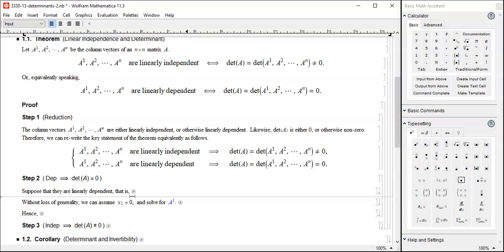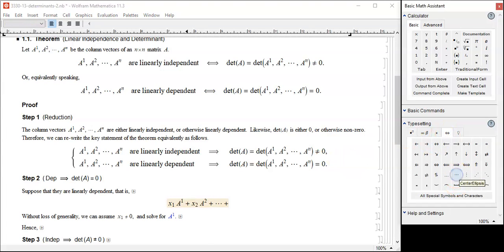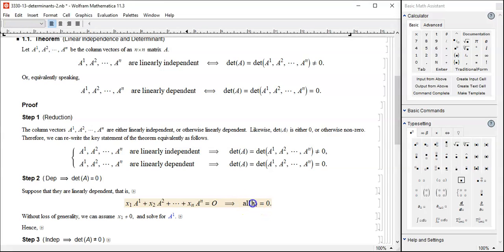First, we're going to assume these are linearly dependent, which means if I get a linear combination equal to 0, then this is what it means to be linearly independent.